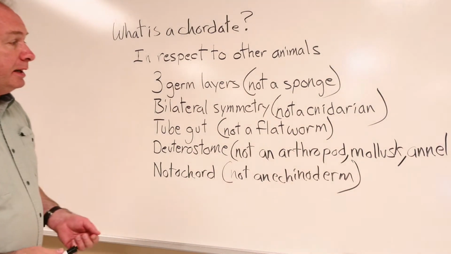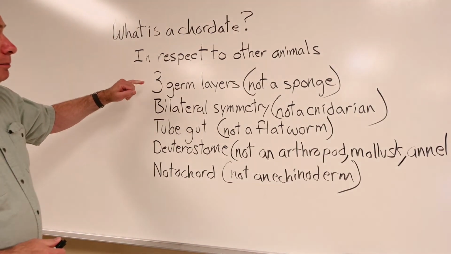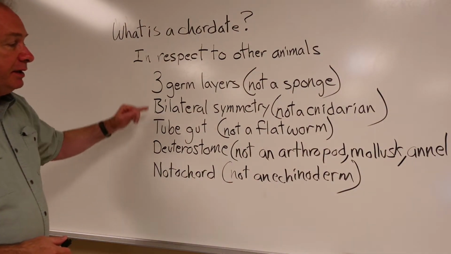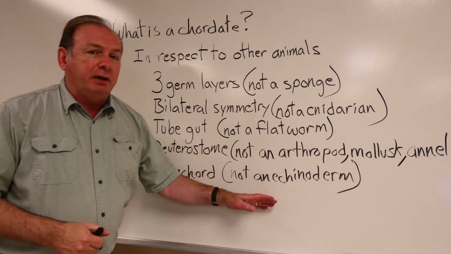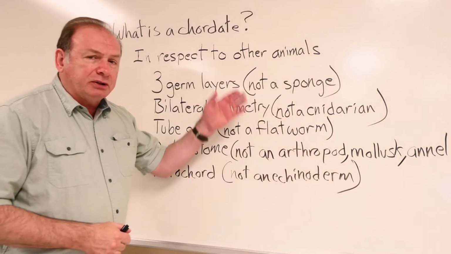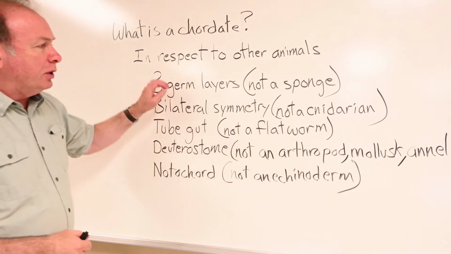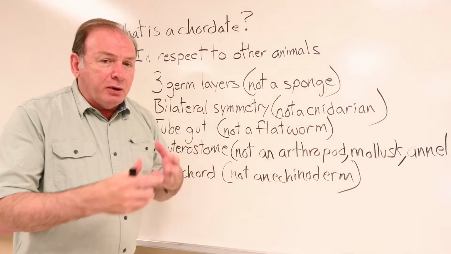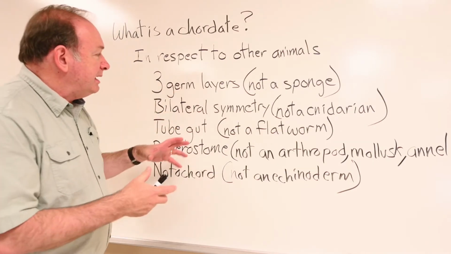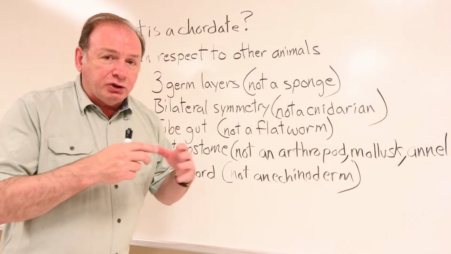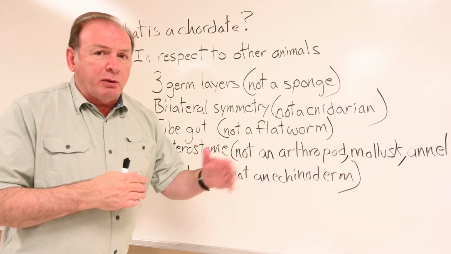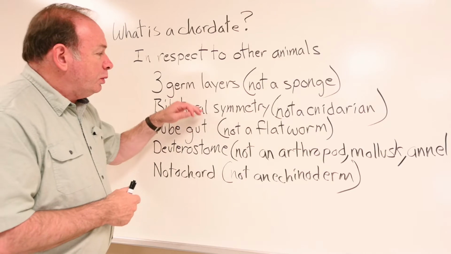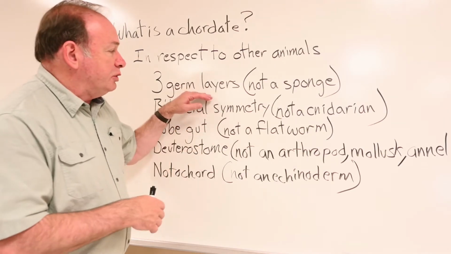Just to clarify something, the chart that I have listed here that separates the chordates from these other animal taxa is constructed in a specific way so that, first of all, sponges are considered the simplest form. They do not have any kind of body symmetry. They don't have their tissues organized into ectoderm, mesoderm, and endoderm like all of the other organisms. Then the next step up would be to have 3 germ layers.